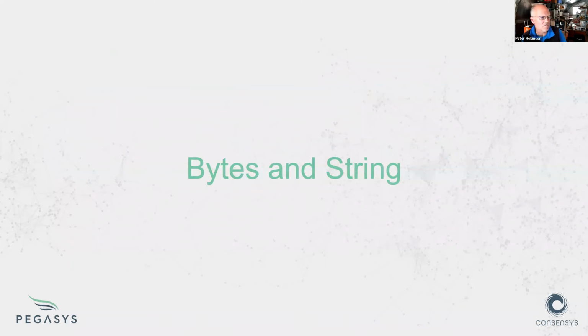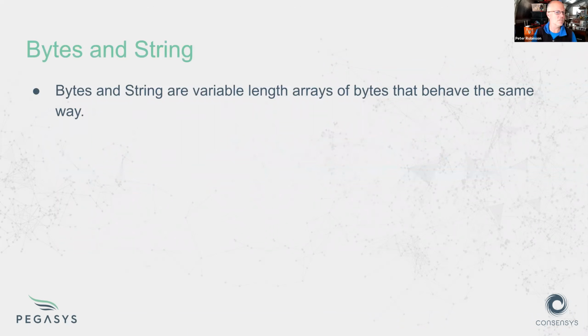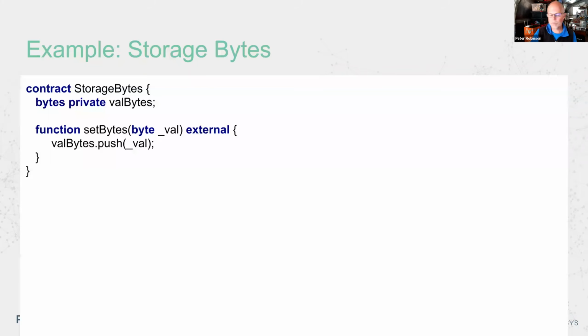Okay, bytes and strings. Bytes and strings are variable length byte arrays, and they behave in the same way. So you can do something like this, where you're pushing a byte onto the end of an array.